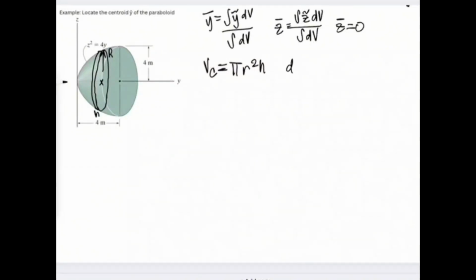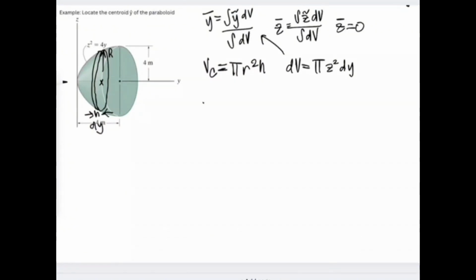Bali dv is equals to pi, bali yung r magiging z squared, and then itong height nya is magiging dy. Yan. So ipa-plug lang natin to sa may formula natin para ma-solve na yung centroid ng y bar.